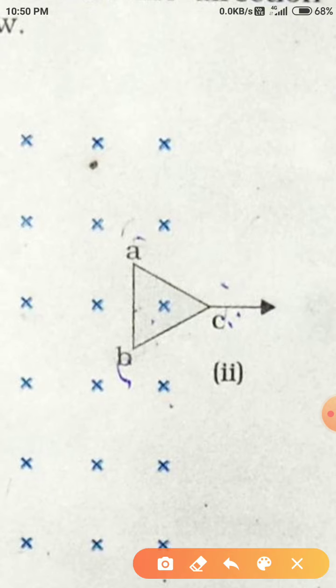So the direction of induced current is such that magnetic flux should increase, and that is possible when the magnetic field which is set up due to induced current is in the direction of the applied field, that is, the direction of induced current must be clockwise.